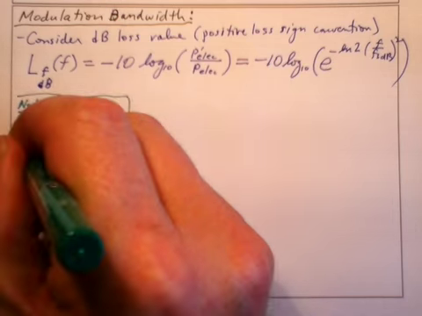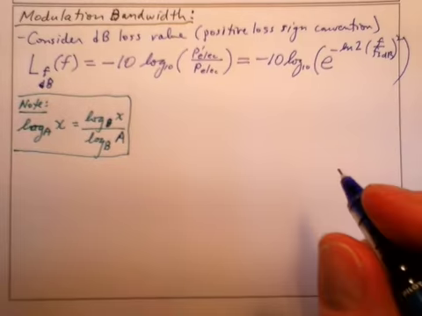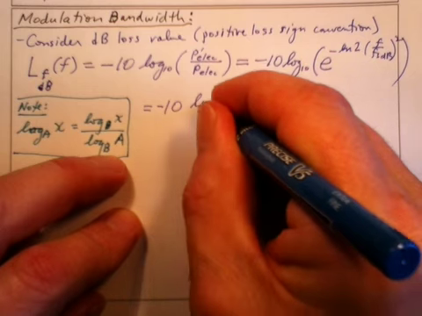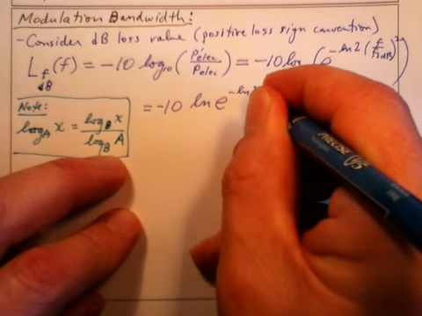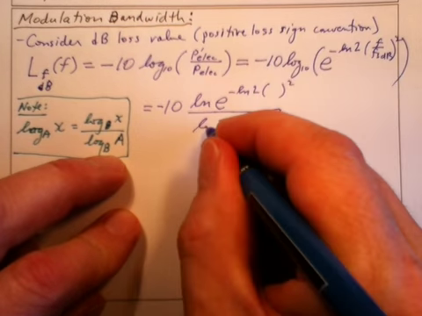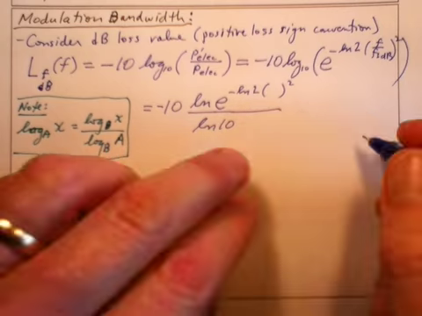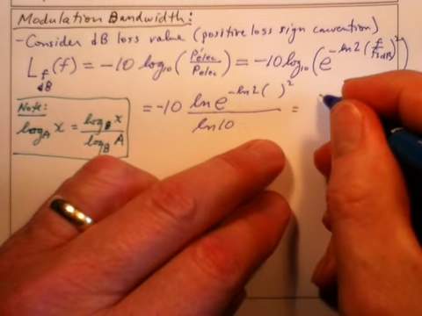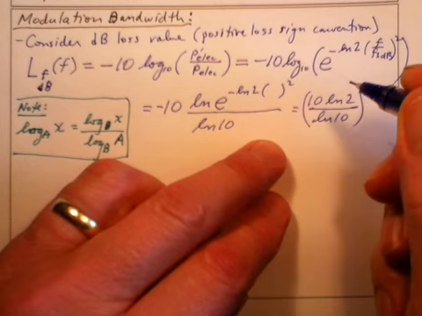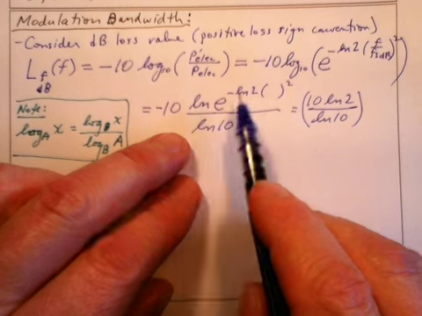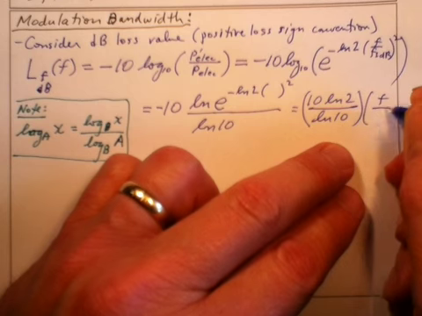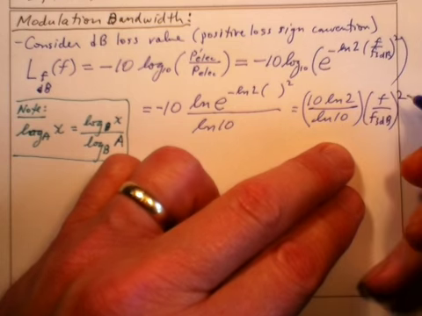So I'll use this fact and rewrite this as minus 10 natural log of e to the minus ln 2 times the quantity frequency ratio squared over ln 10. And this gives me 10 ln 2 over ln of 10 times, and now I have the natural log of e raised to a power, and so I have f over f 3 dB squared.